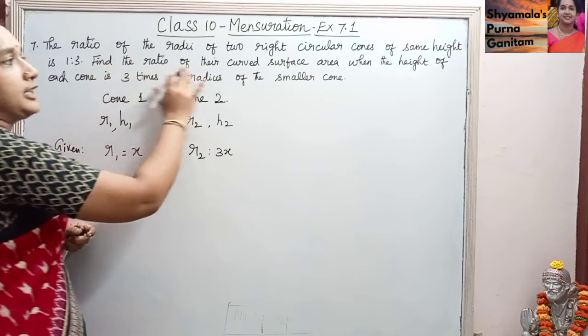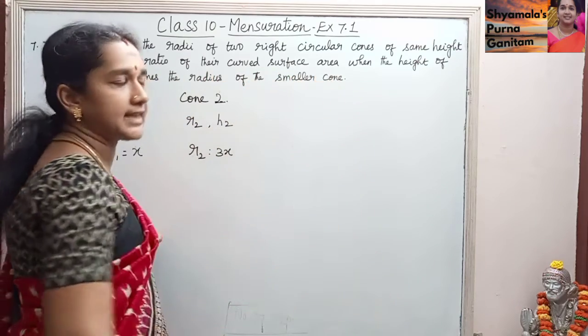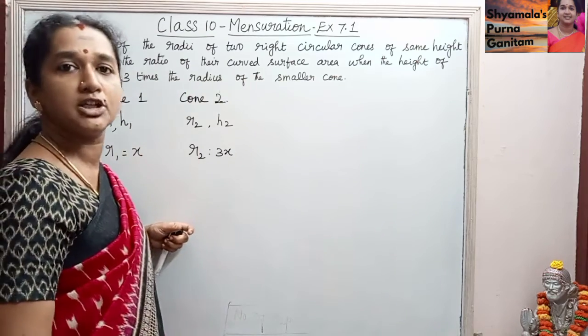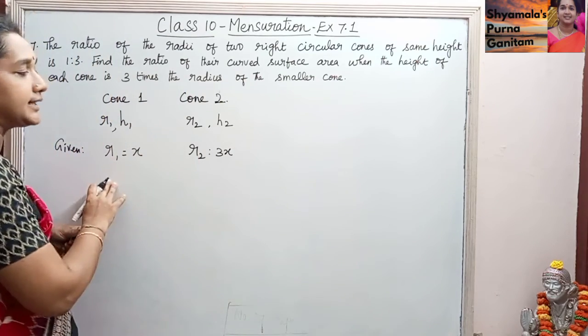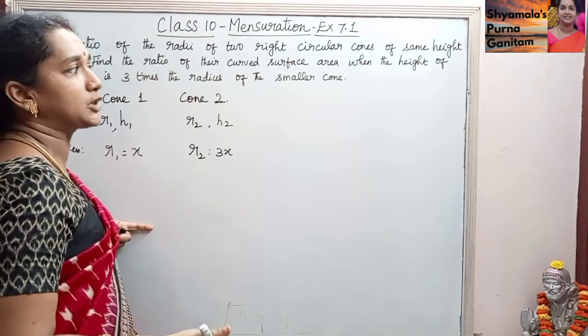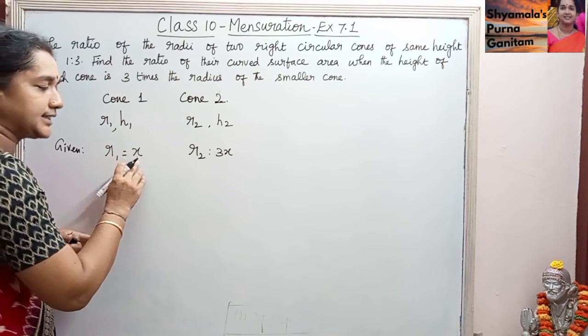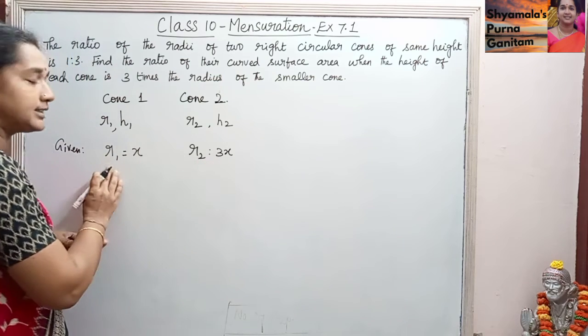We are asked to find the ratio of their curved surface area when the height of the cone is 3 times the radius of the smaller cone. So the radii are x and 3x, since it is given in the ratio.